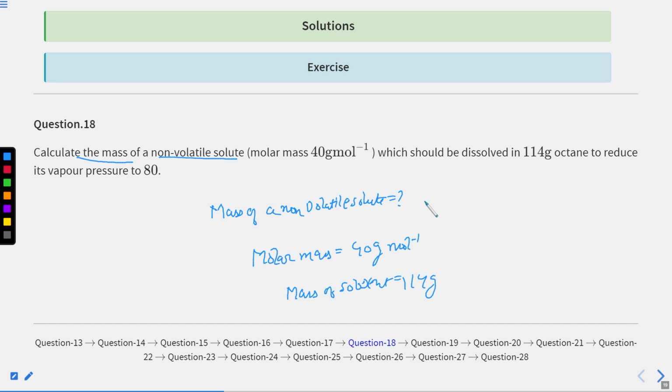So that we can reduce the vapor pressure to 80. So P is given as 80. We have to calculate the mass of the non-volatile solute such that the vapor pressure is reduced to 80.